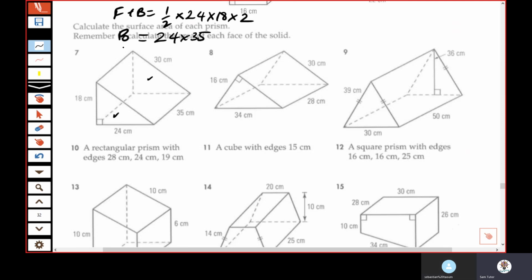Then the left, which is 18 times 35. Then the right, which is 30 times 35. And then just add it all up. Write that down and let me know when you're ready and we'll start volumes.